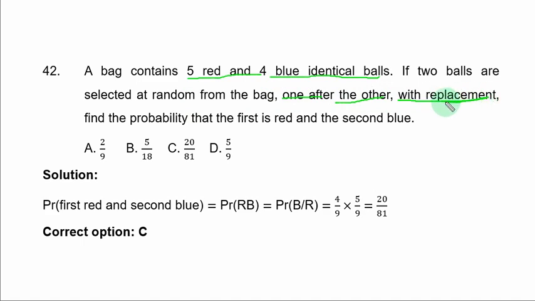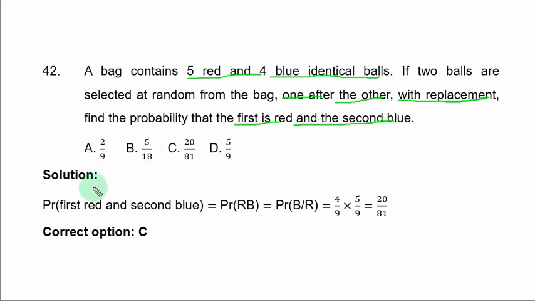Find the probability that the first is red and the second is blue. When you pick or select with replacement, the total is not affected, because after the first selection, before the second one, you replace that one, so the total remains the same.